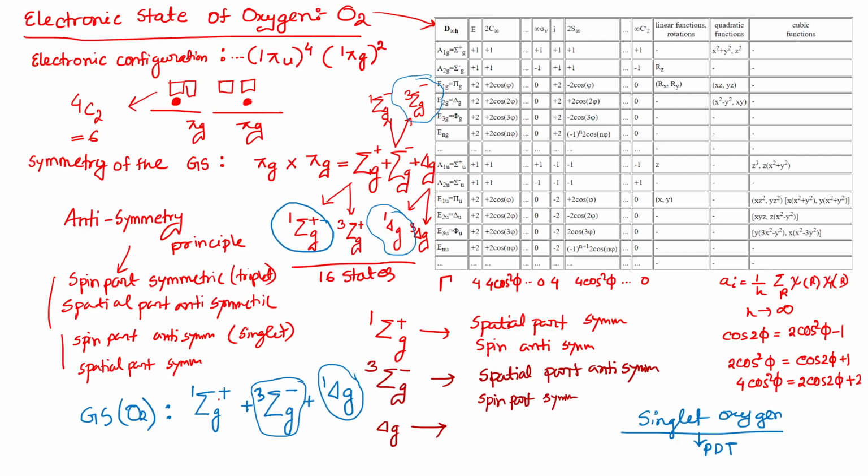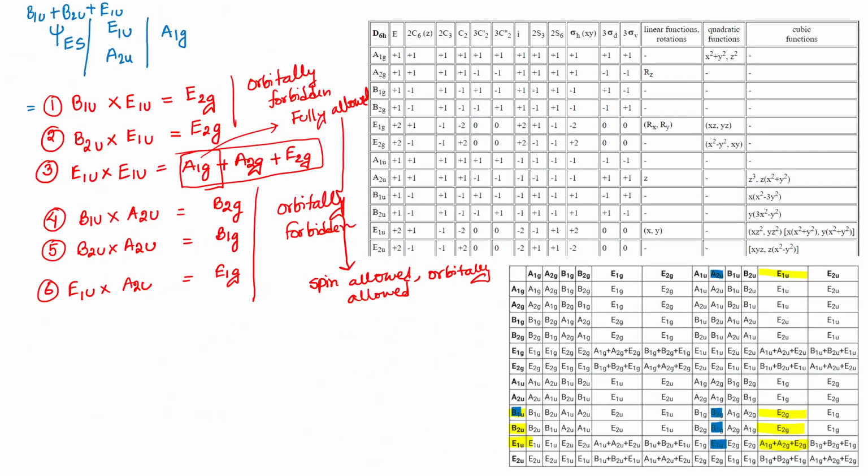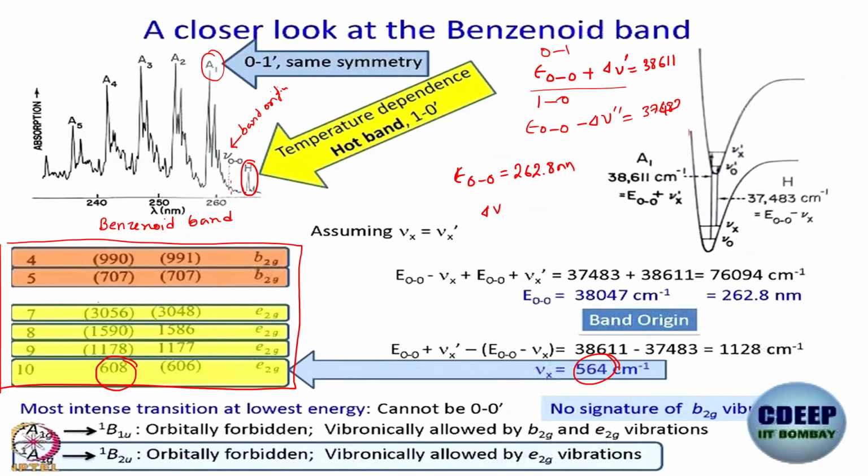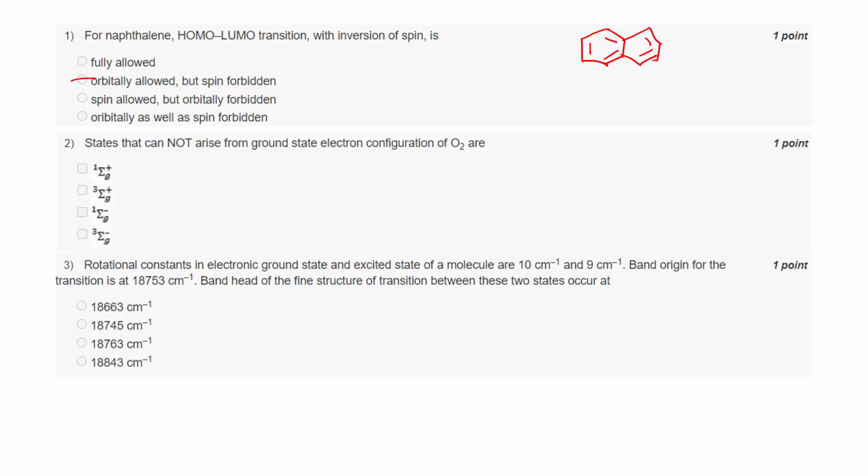The singlet sigma minus is not allowed, and triplet sigma g plus is not allowed. The rest of them are allowed. Also singlet delta g is allowed.